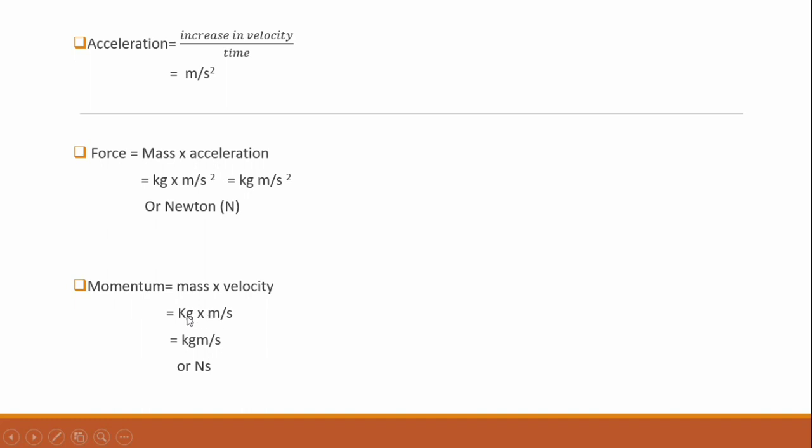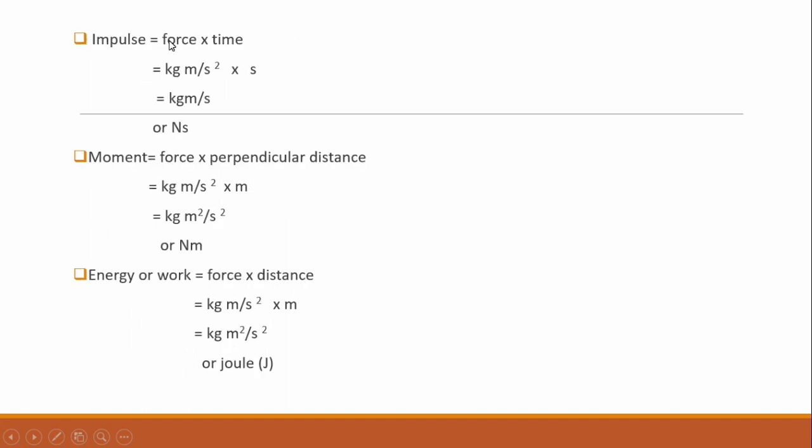So if you multiply, you have kg times meter per second, kg meter per second, or Newton second. That is another unit for momentum.